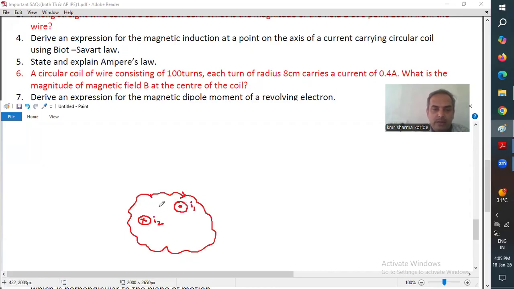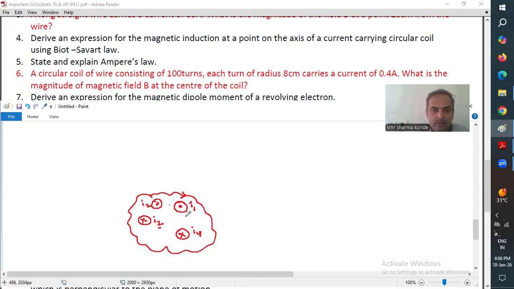Take a few more currents. Let us say one more current, this is I3, going into the plane of paper. Again, you take negative. This is going into the plane of paper, negative. Going out of the plane of the paper, which is perpendicular, positive. Again, you take I4. I4 out of the plane of the paper, it is again positive.